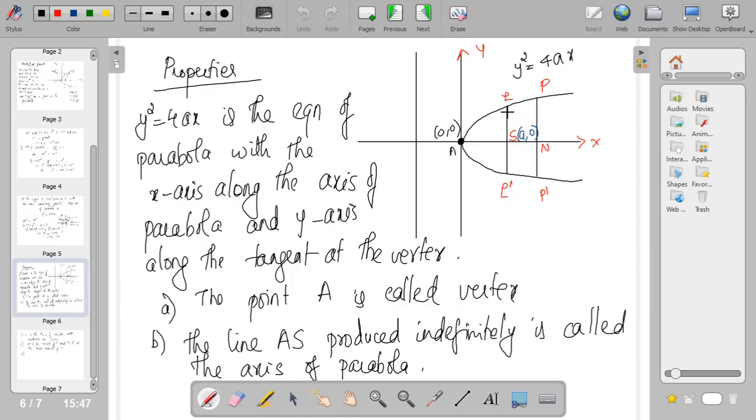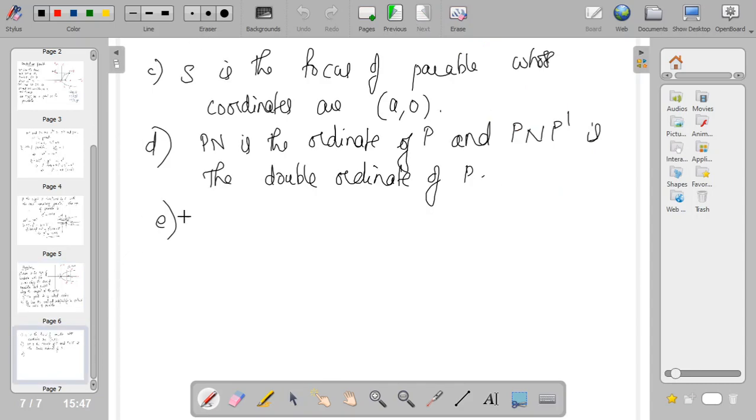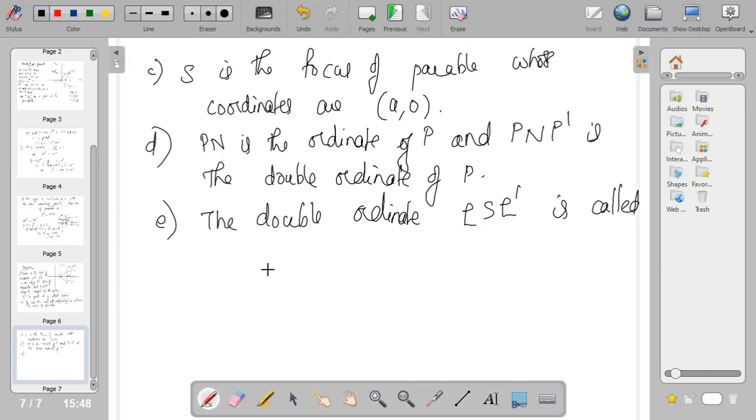So the double ordinate, or this distance LSL dash, is called the latus rectum of a parabola. So that is the next term. So the double ordinate LSL dash is called latus rectum.